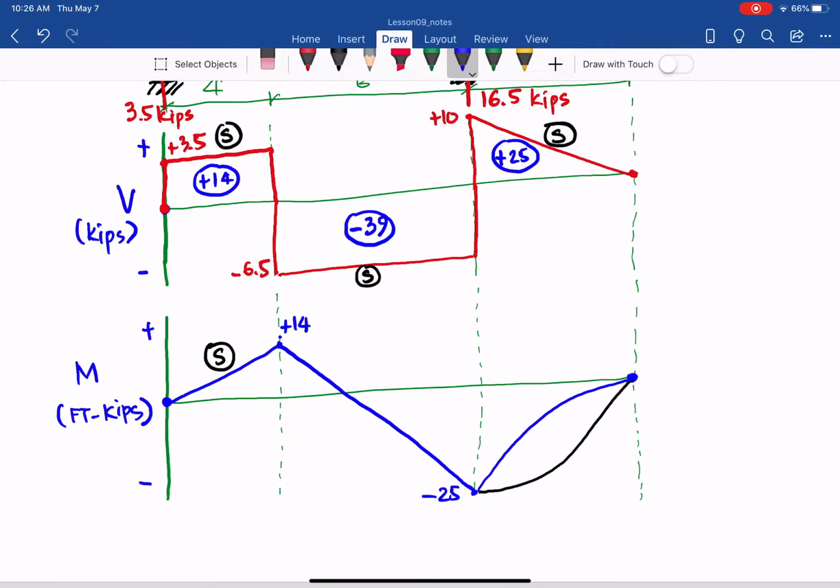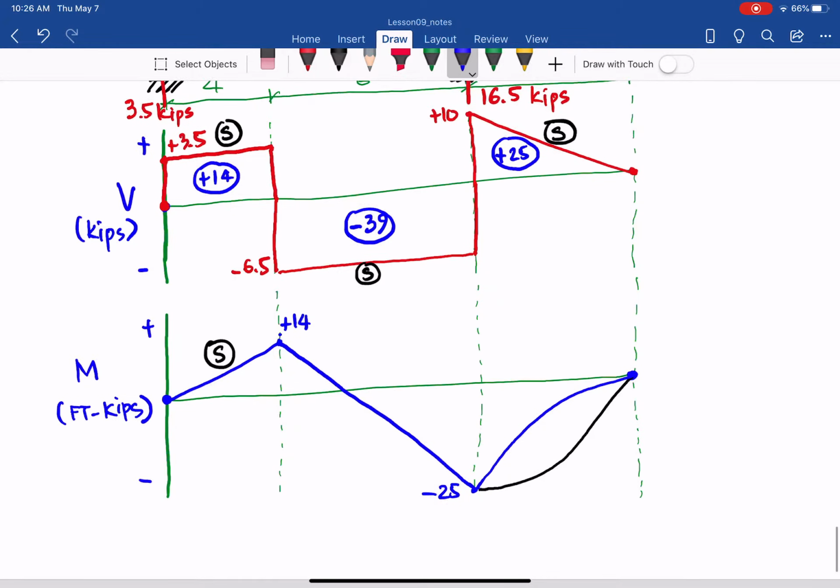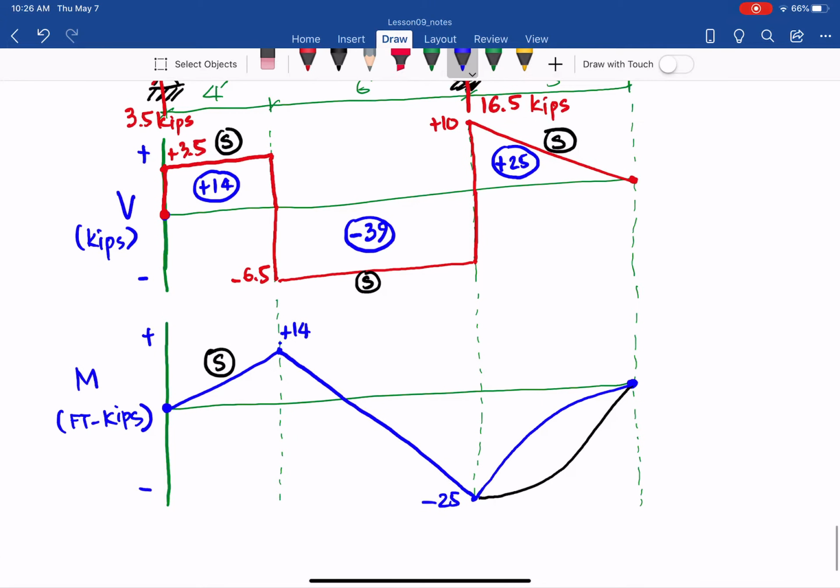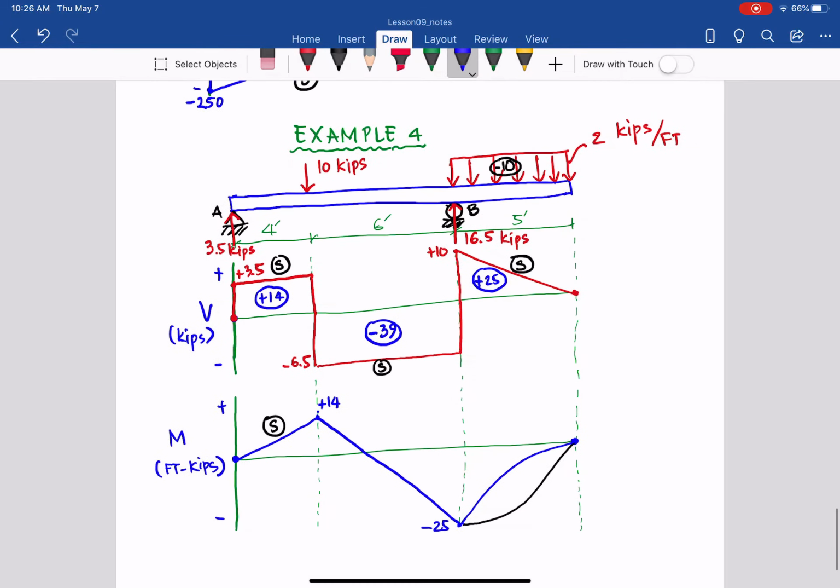Which one? Think about yourself before I make a decision here. Can you tell me which one should be the moment diagram in the segment of 5 feet between the roller B and the rightmost of the beam? The blue or the black line?